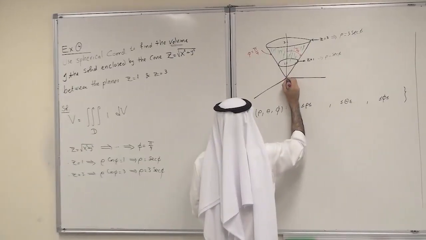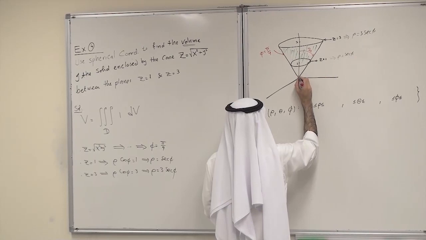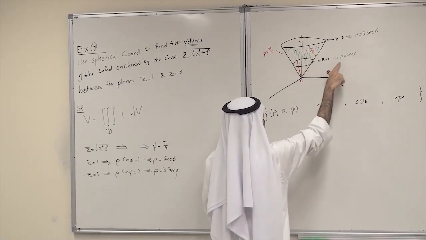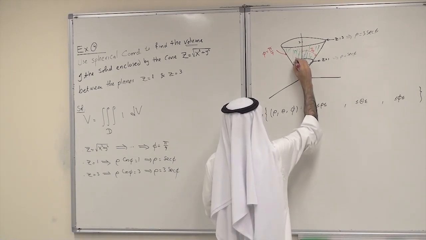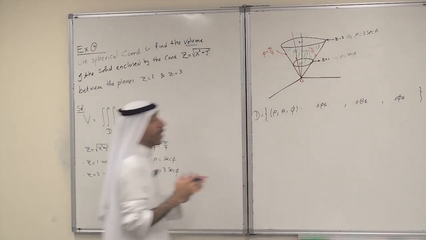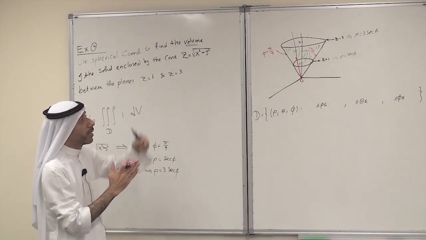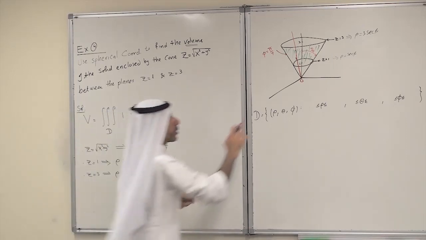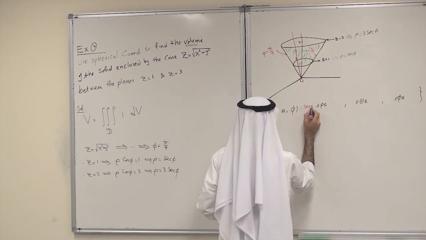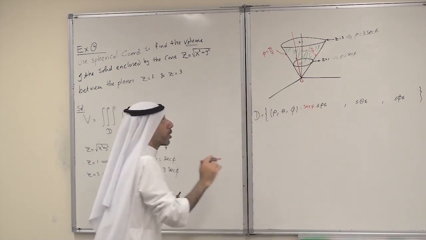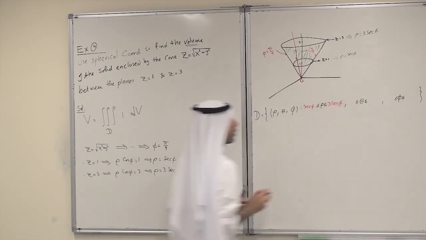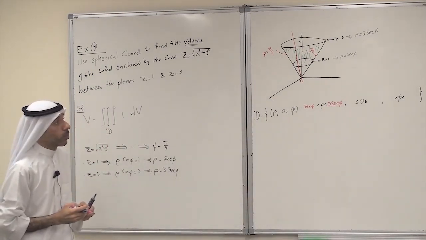We enter through the plane z equals 1 and we leave through the plane z equals 3. The equation of the lower plane is rho equals secant phi, and the equation of the upper plane is 3 secant phi. So these are the limits of rho.